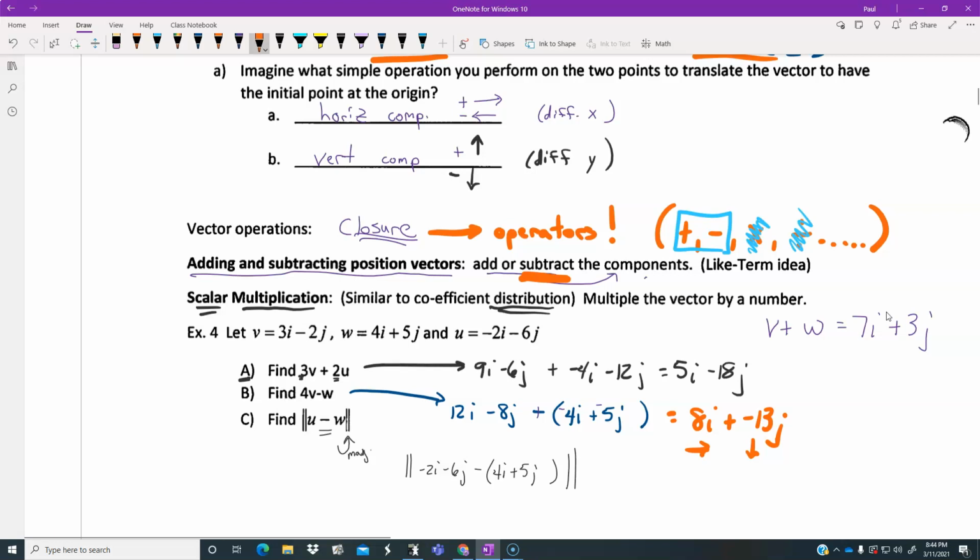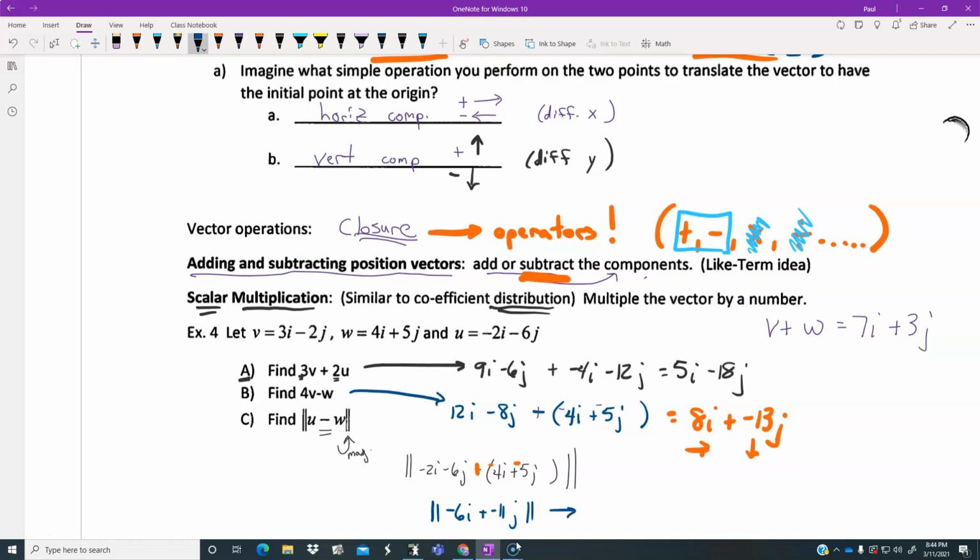Well, I'm going to take care of this subtraction sign by getting all the right components there. And then I'm going to say, what's the magnitude of negative 6i and negative 11j? Check my work there, make sure I did it right.